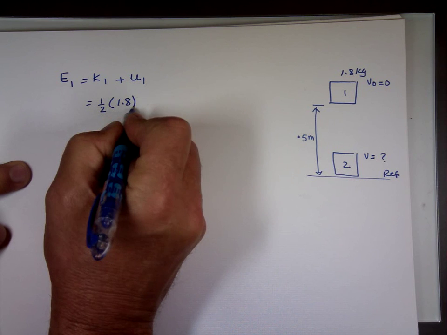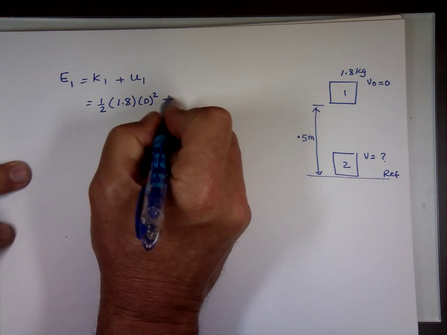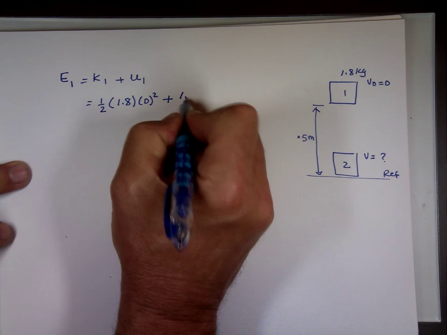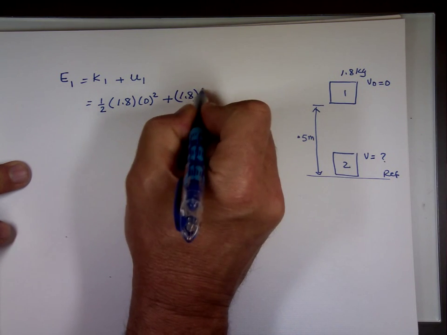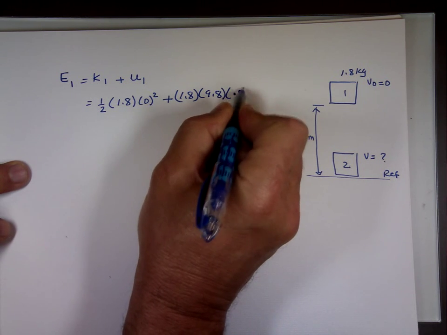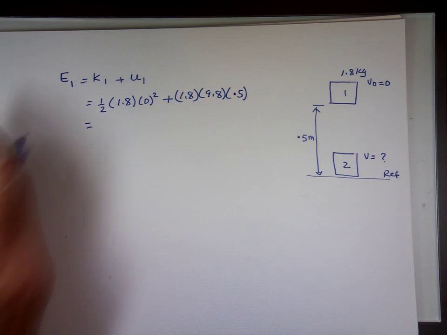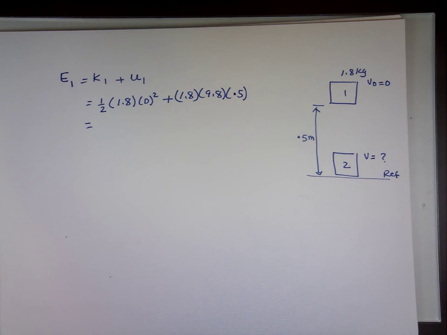Add to it the potential energy, which is the mass times gravity 9.8 times the height, which is 0.5. Do the math. I got 8.82.